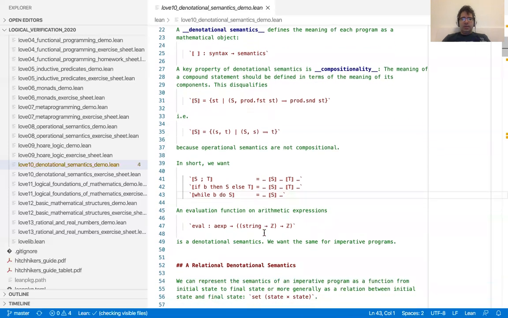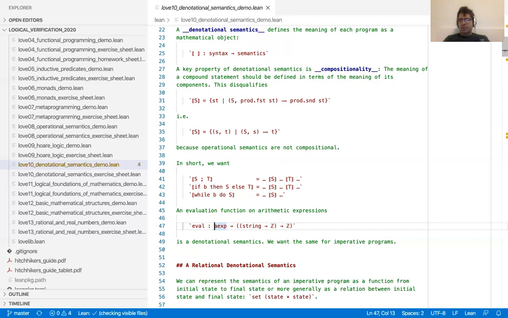Here's a concrete example of a denotational semantics. It's the eval function on arithmetic expressions. Do you remember when we met an operator such as plus, we would say, well, the semantics of the plus of two expressions is the semantics, or eval, of one expression, plus the semantics, or eval, of the other expression, right?